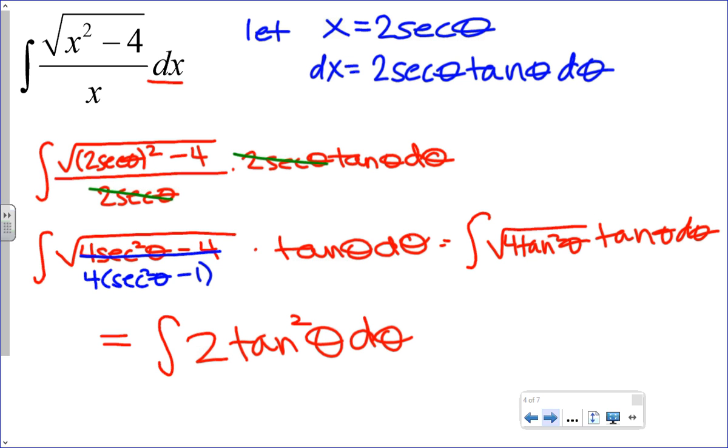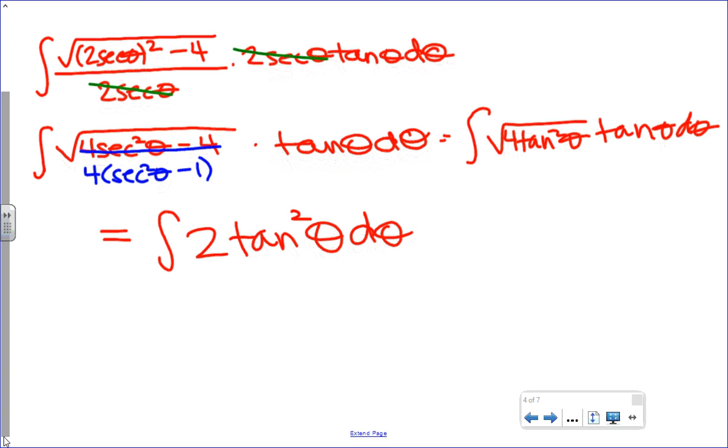It is a good thing that we just came off a section of working with trig integrals because we have a tangent squared to take the antiderivative of. Can we take the antiderivative of tangent squared? No. But what could we change it to?